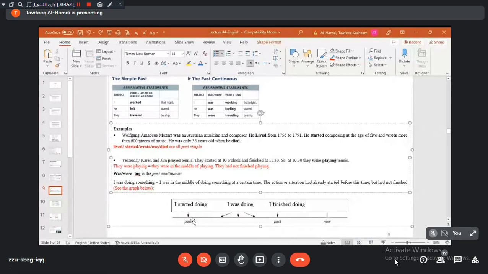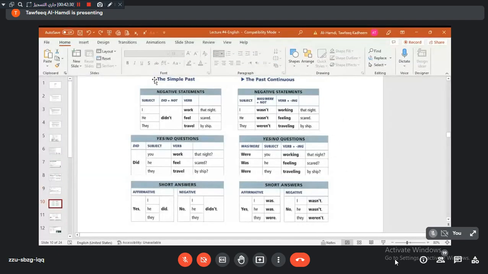Here is the simple past form when I would like to make a negative statement. I start with a subject followed by did plus not, then the main verb and any phrasal verb or phrasal noun.